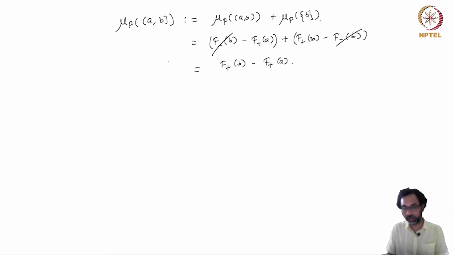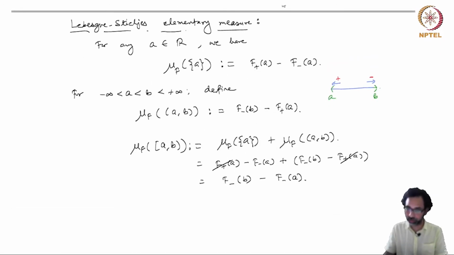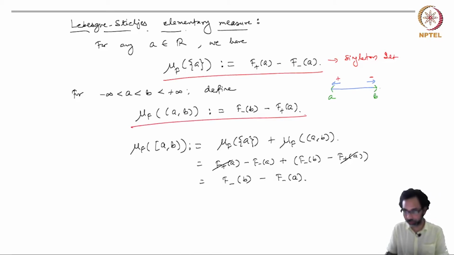So one can simply try to memorize these formulas, but it's better to just memorize two cases. First is the formula for the singleton set, and second is the one for the open interval, where the idea is that you approach each endpoint from within the interval: the higher endpoint you approach from the left and the lower endpoint you approach from the right.